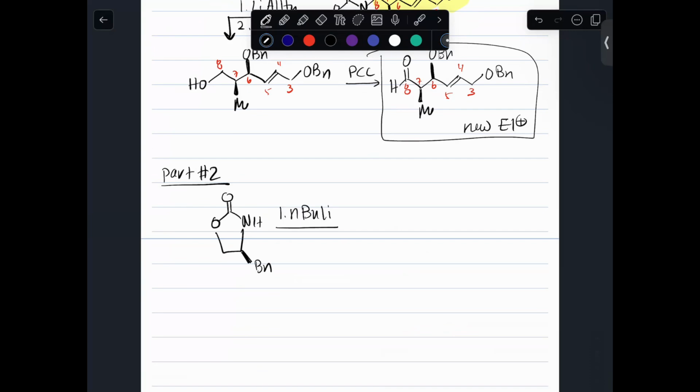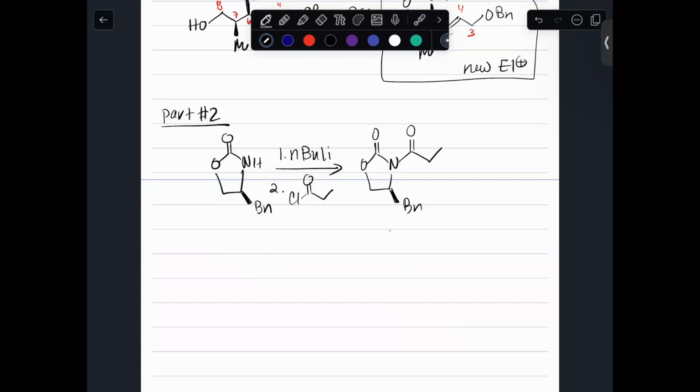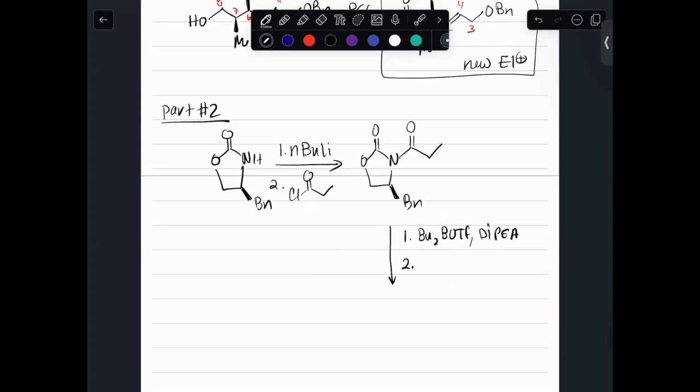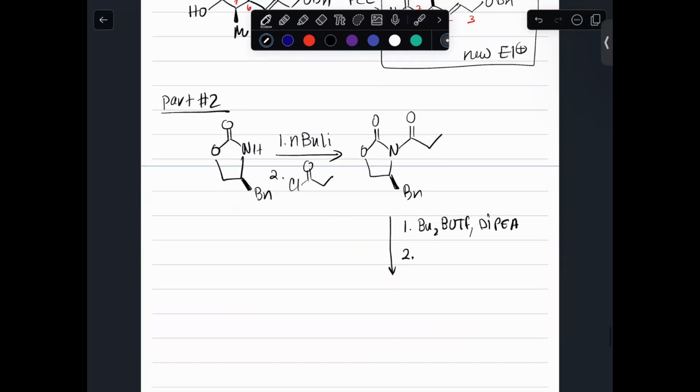So just like before, I acylate. Nothing new. We've seen this numerous times. Just like before, I introduce my boron Lewis acid with base. Now our new electrophile is the carbonyl compound that we just made.